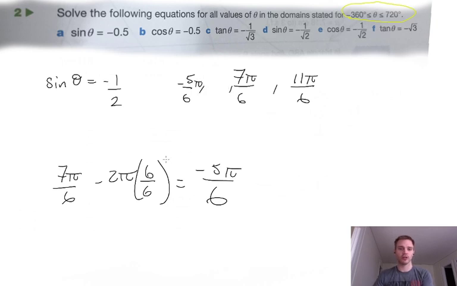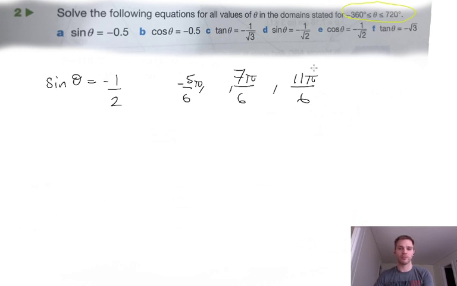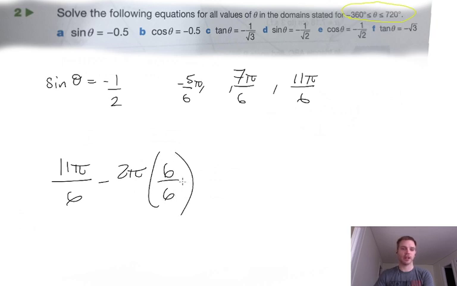Then we're going to find the other one, which is the reference angle in that cycle to this one here. Same process. 11 pi over 6 minus 2 pi. This is one cycle of a sine function. That's where I'm getting that number from. And then I need to get a common denominator again, 6 over 6. So here's the denominator that I want to have, and I'm multiplying by 1.